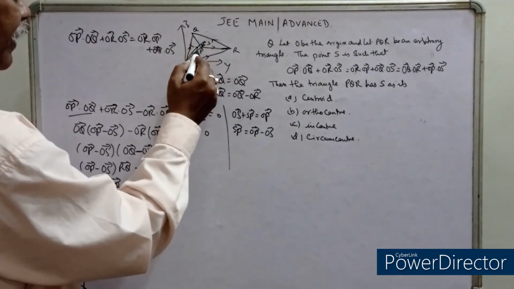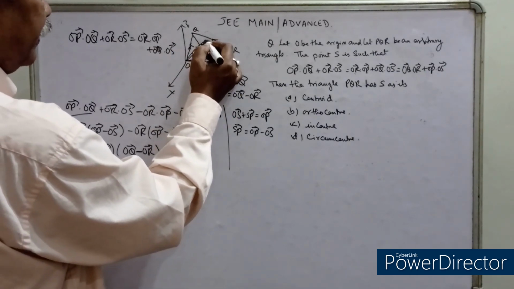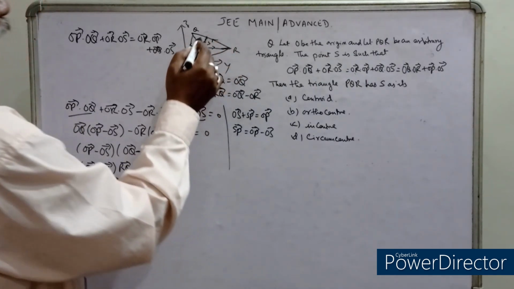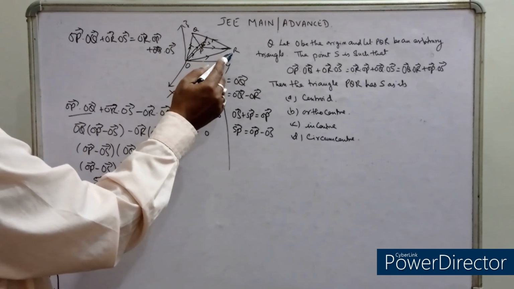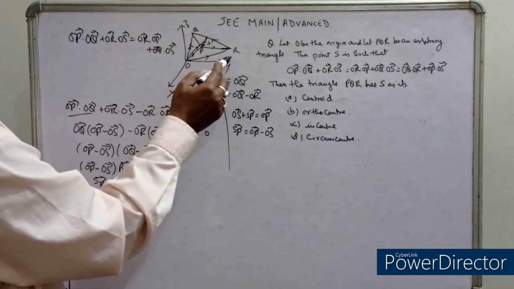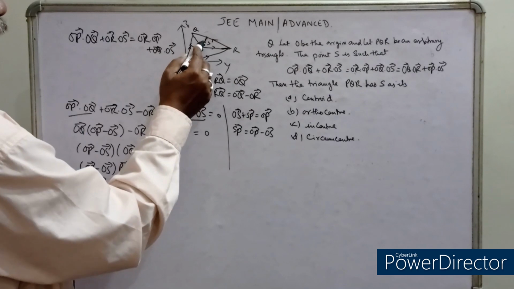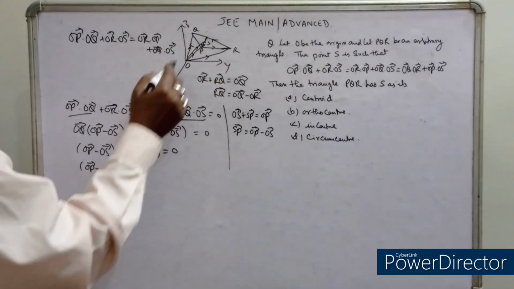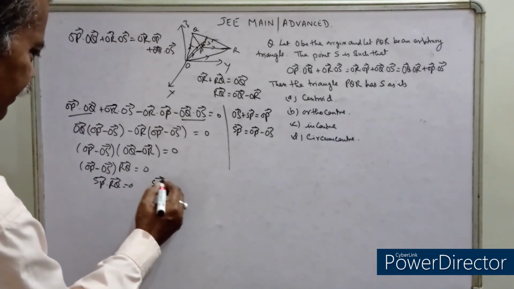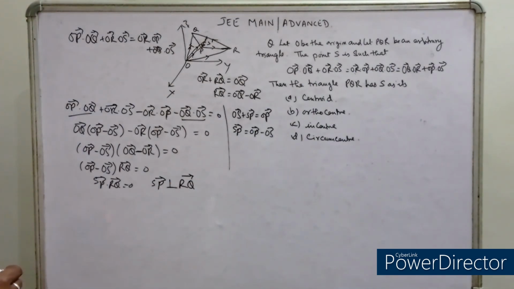This is your SP vector and this is your RQ vector. This means your SP vector is perpendicular to RQ vector.